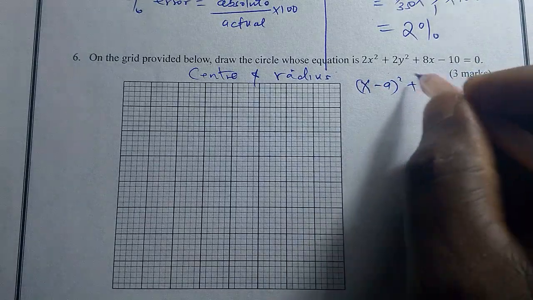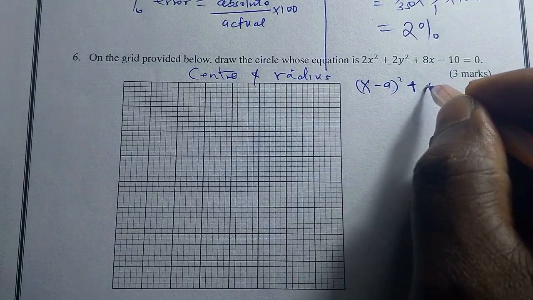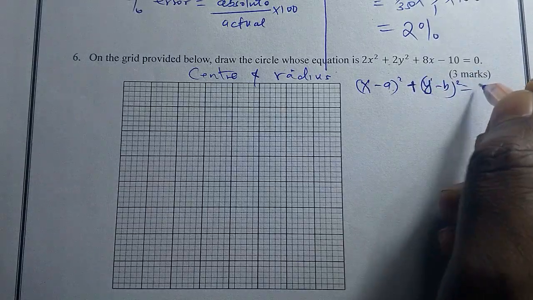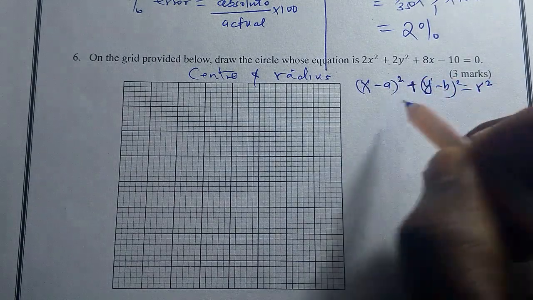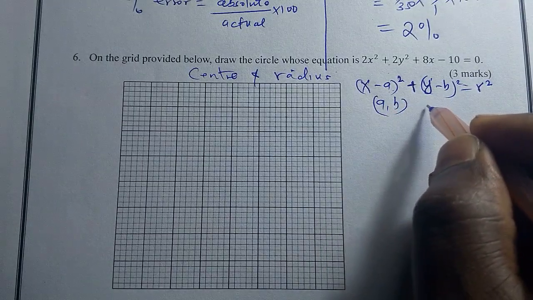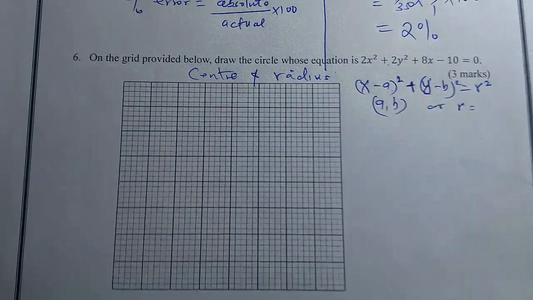So we need to write this equation in this form. Once we write it, we are able to say (a, b) is the center, and r is the radius.